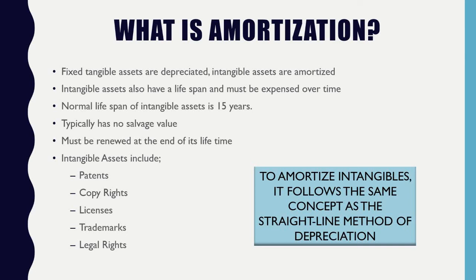So if you purchase something for $10,000, it's going to stay $10,000 until it reaches the end of its life, and then when you have to renew it, it doesn't hold its value of 10,000. Whatever you renew it for and put a price tag on is going to be your new value of the intangible asset.